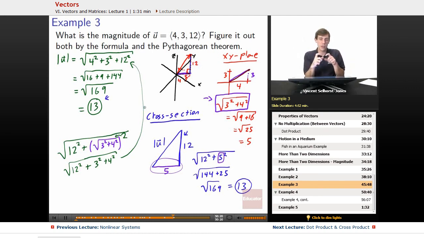But if we then plug in the way these cross-sections wind up working out, each of the square roots that would go in from a cross-section would get canceled by the next cross-section it goes into. And so ultimately we wind up getting this form of first component squared plus second component squared plus third component squared until we get to our last component squared and adding them all and taking the square root. And that's why we've got that formula for the magnitude.